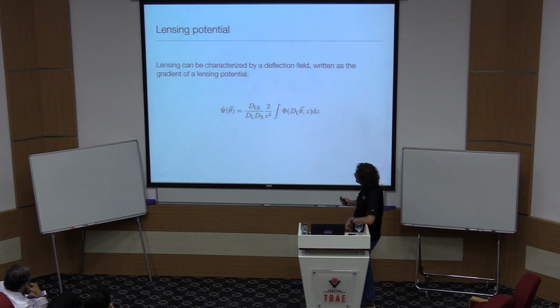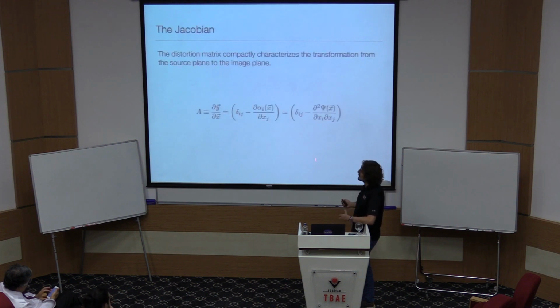One thing I should define is the so-called lens potential. If you take your Newtonian gravitational potential, integrate over the line of sight, and multiply by some constants, you get a potential. Once you have a potential, you can take derivatives, first to obtain your deflection field, and then the so-called convergence and shear, which I will come to.